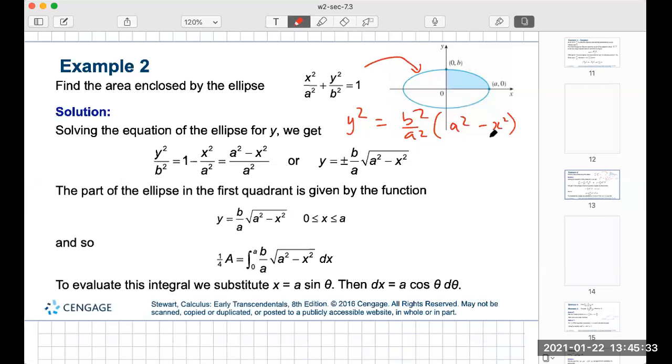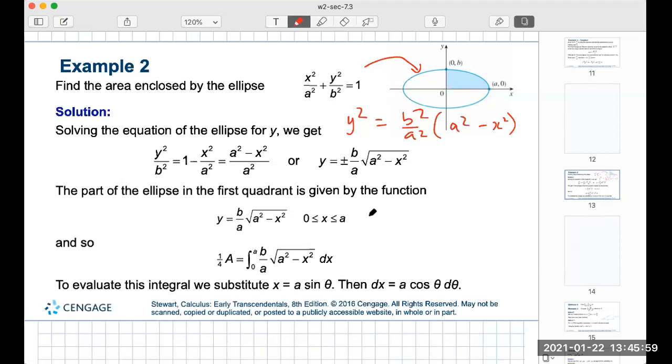Then we take square root both sides. Remember that we need to take plus and minus. There are two possible solutions. Then we have y will be plus and minus b over a square root of a squared minus x squared here.